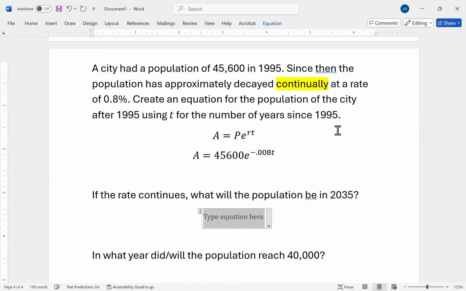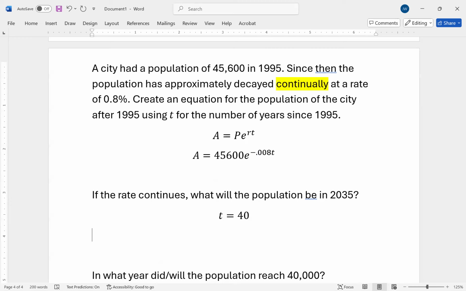Now, if this rate continues, what will the population be in 2035? To find my T, I'm going to take 2035 and subtract 1995. That's a T of 40. So it took 40 years from 1995 to 2035.